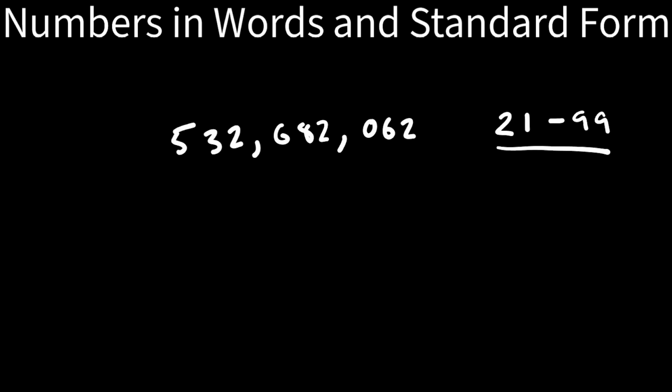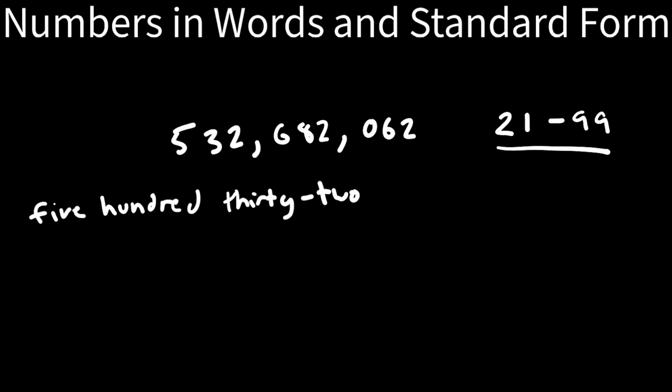These are the numbers which include hyphens. So let's start writing down the number in terms of words. So 532, hyphen, because 32 is in between 21 and 99.